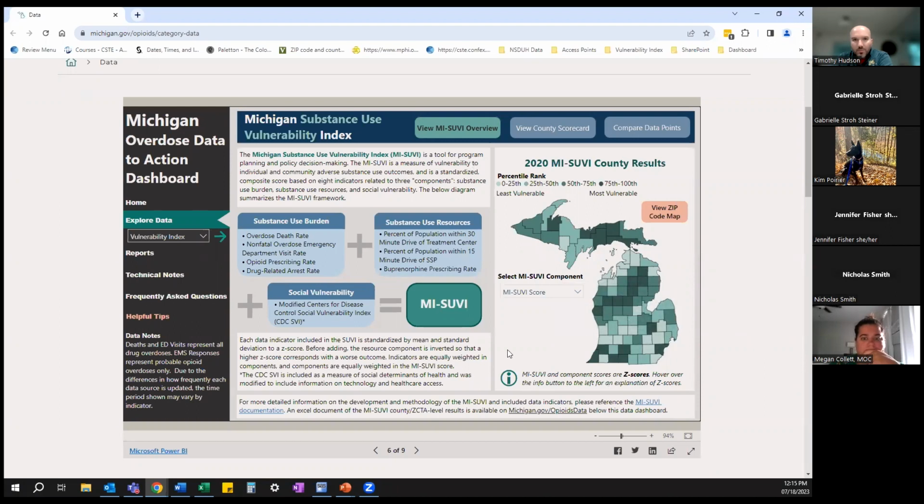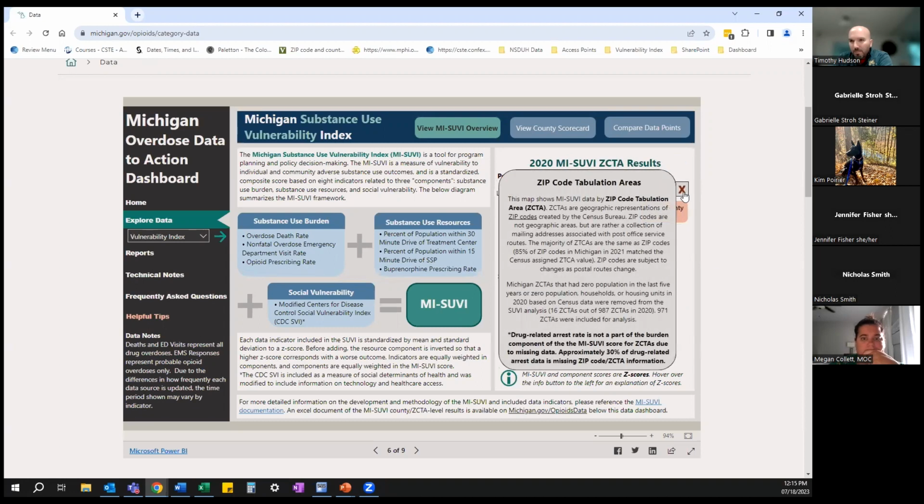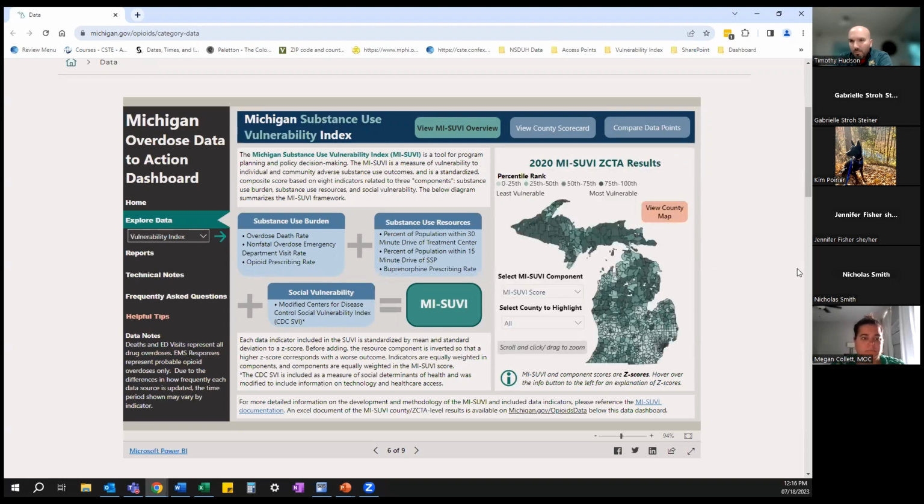Right now we're looking at the composite MySUVI score, but you can toggle through and look at the burden, resource, and social vulnerability scores. We have recently published this data at the zip code level, so you can toggle between that on the map.